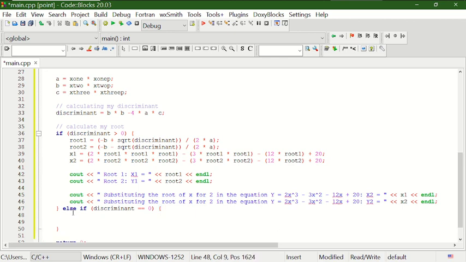So we can say Cout, but before we start, we can say root 1 should be equal to what?